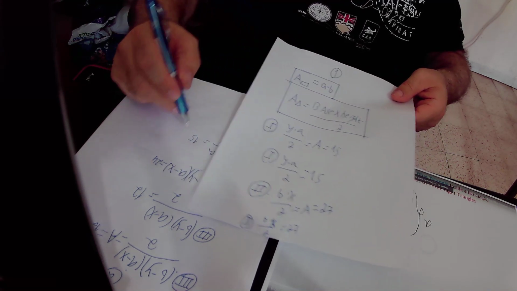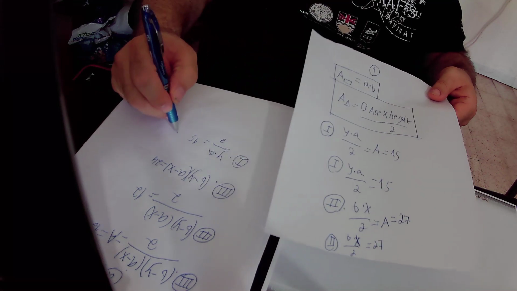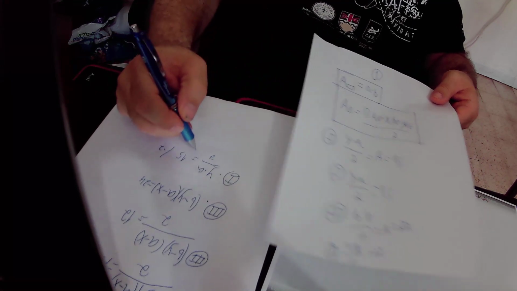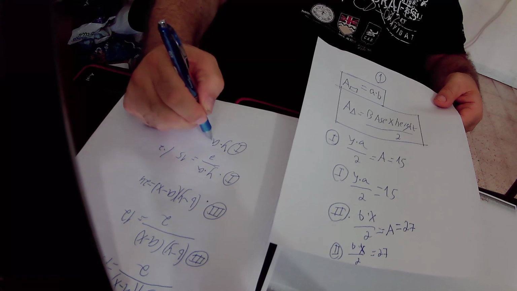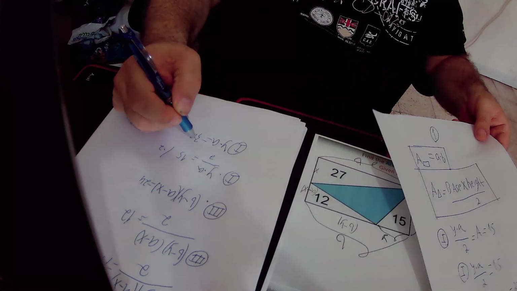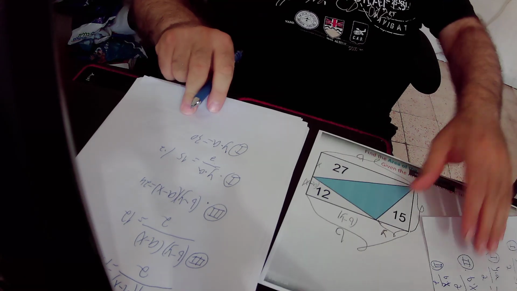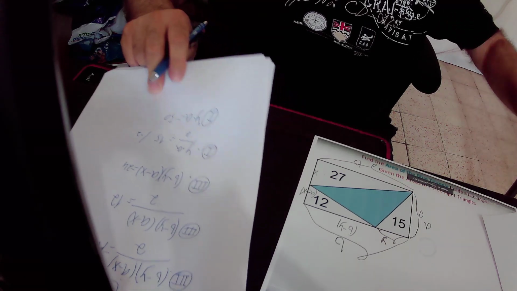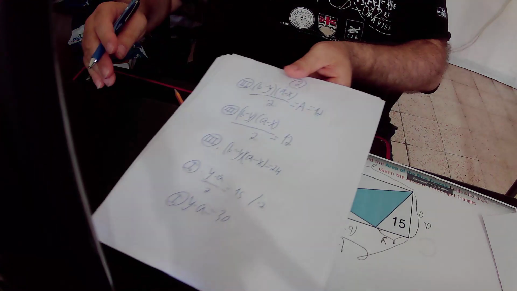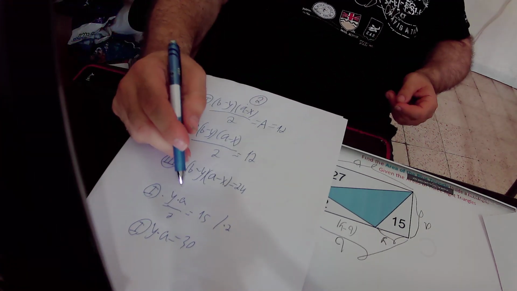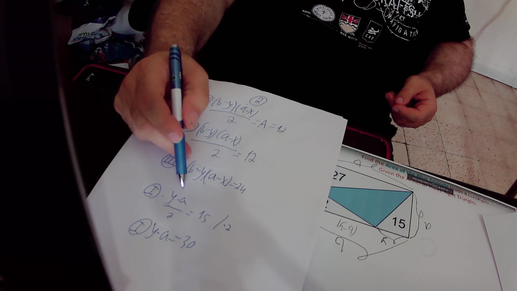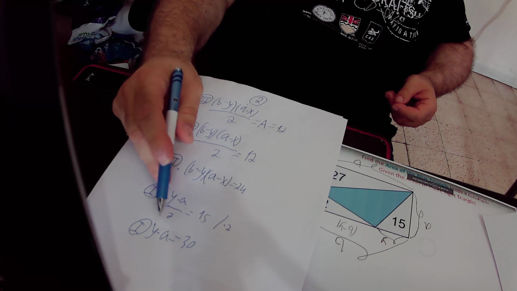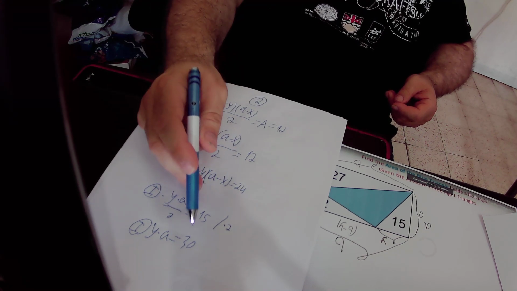This equation, we will multiply both sides of the equation by 2. We will get that y times a equals 30. We multiply both sides by 2, so here we have y times a divided by 2 multiplied by 2 is y times a, and 15 times 2 is 30.